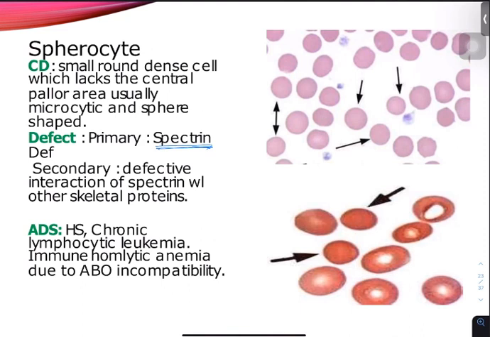Associated diseases are your hereditary spherocytosis, chronic lymphocytic leukemia, CLL, okay? Immune hemolytic anemia, and due to your ABO incompatibility. Additional to that, it can also be seen in your extensive burns, alongside with your schistocyte. Okay? Sige.